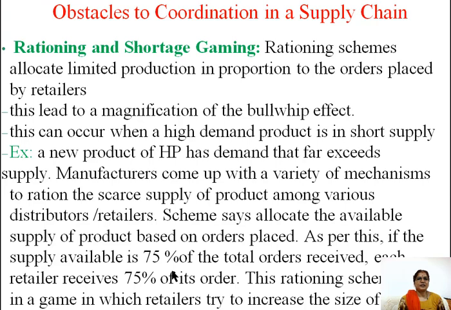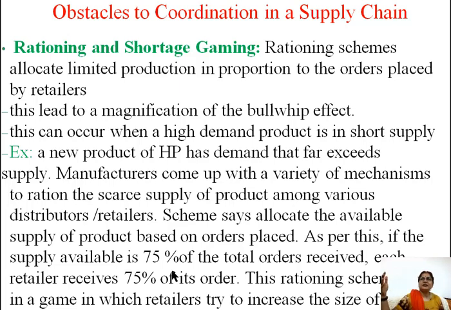Rationing and shortage gaming. This happens whenever a new product is being introduced into the market. Suppose there is a large demand from the retailers to the manufacturer, but the manufacturer is still setting up capacity, so he doesn't have enough capacity to produce.